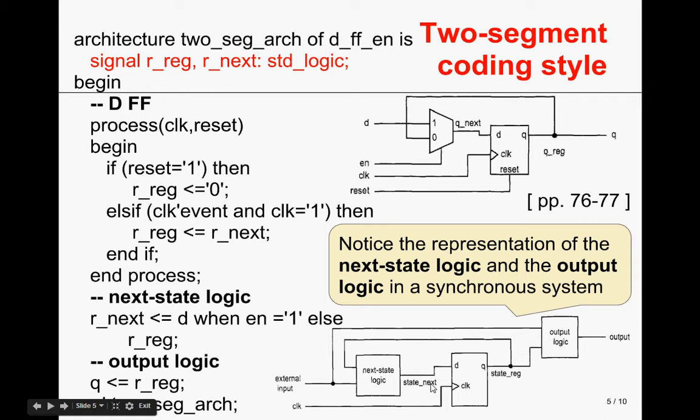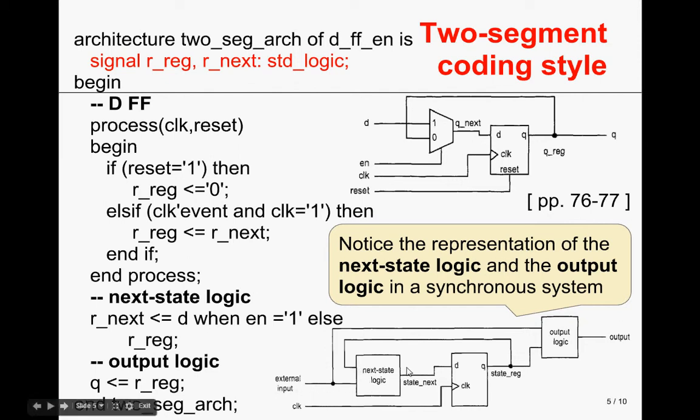Well, the next state is generated by the combinational block called next state logic, and this block takes as inputs the current state coming from the outputs of the flip-flops and the external inputs coming from the external world.